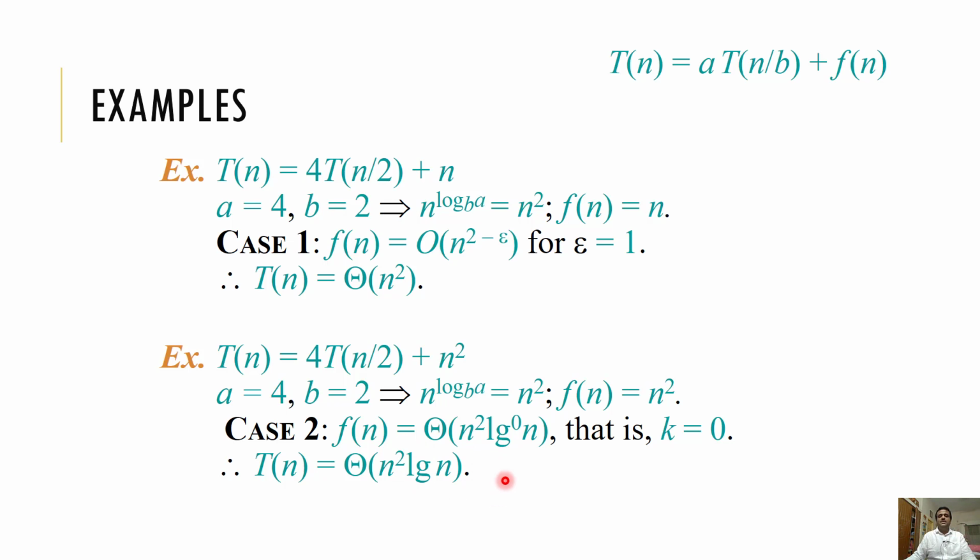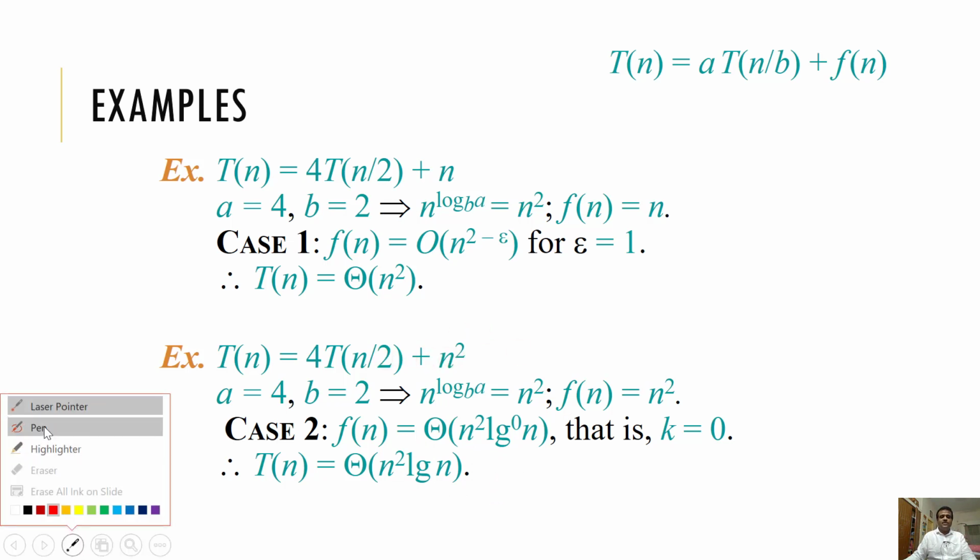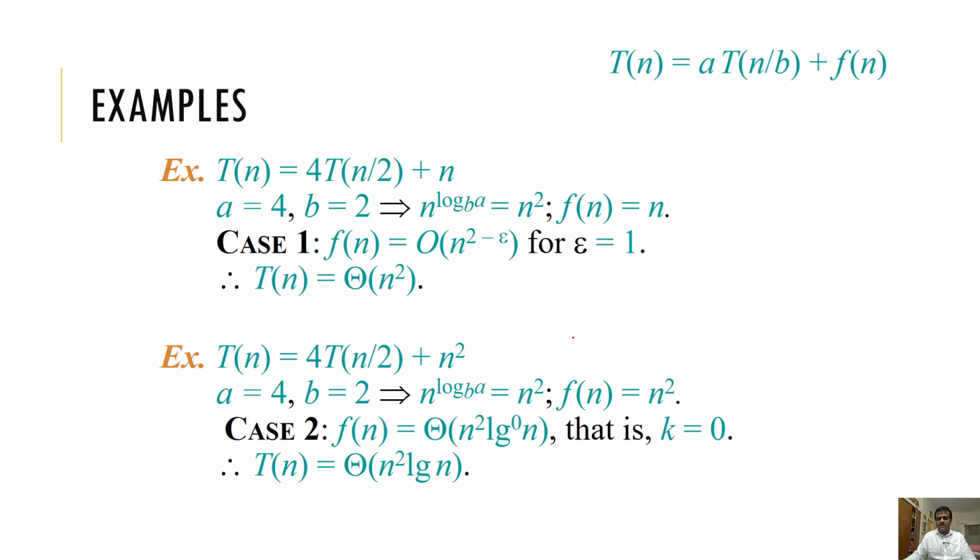Now, this case 2, if we recall the merge sort recurrence, is T(n) = 2T(n/2) + cn, or theta of n.